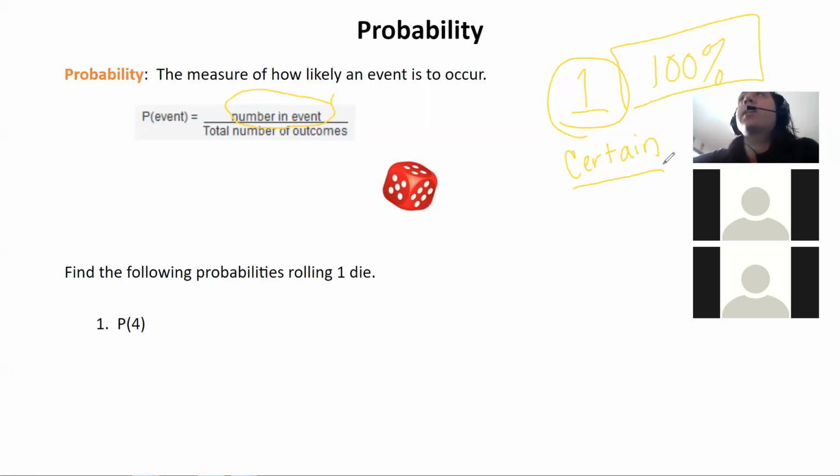Good. Okay. What about something that is equally likely to happen? So if something is certain, that's 100%. If it's equally likely to happen, or it has an even chance of happening, or people say about 50-50, you know, what kind of a probability is that?